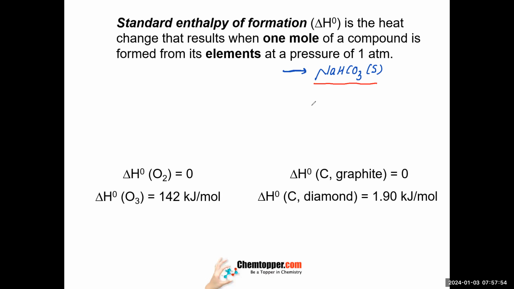What about the rest of you children? Yes, Aditi, Ariba, Afan, Azuni, Naisha, Nivriti. Nivriti, your answer? So Na solid plus H2 gas plus carbon graphite.